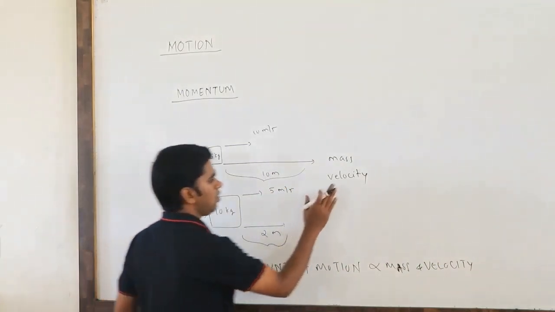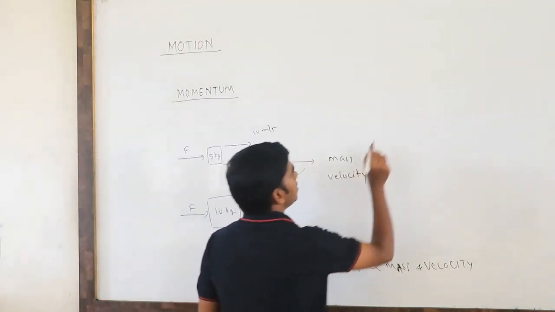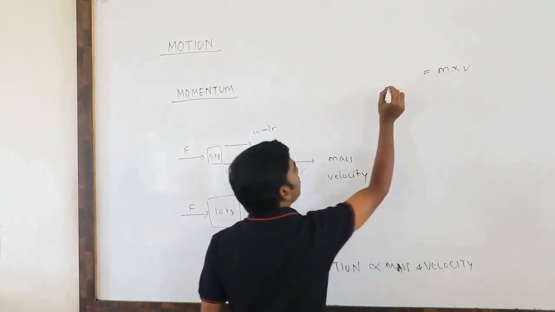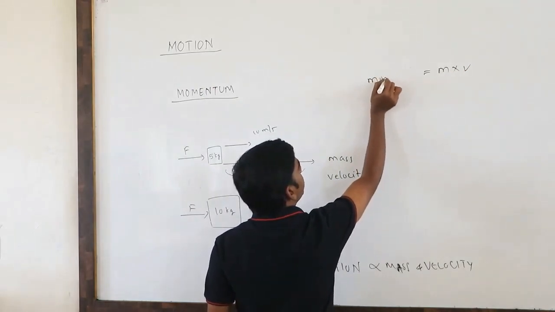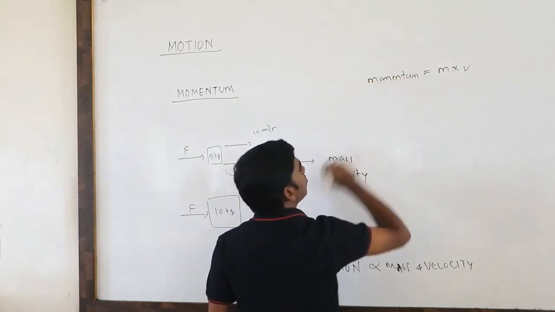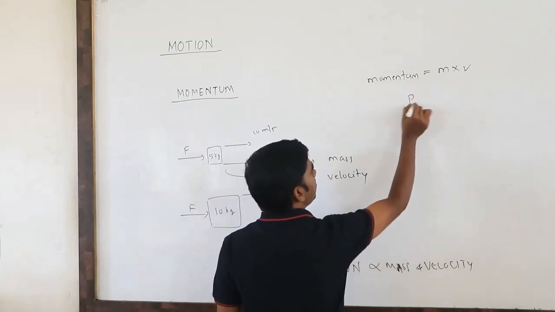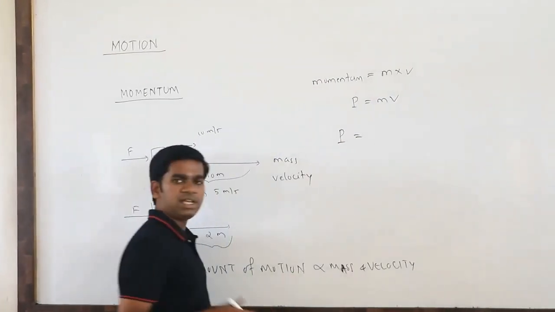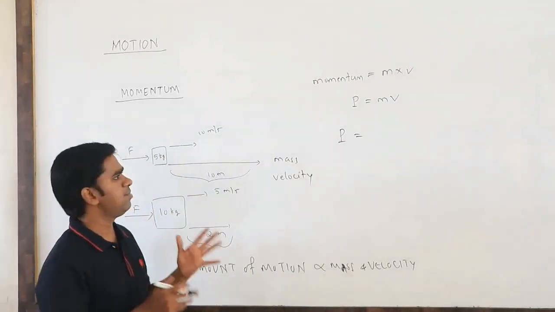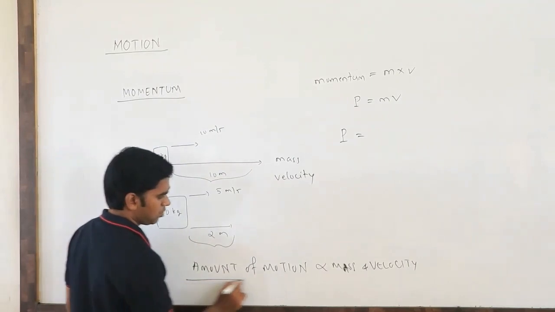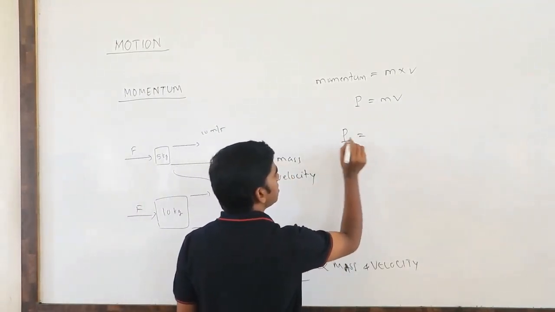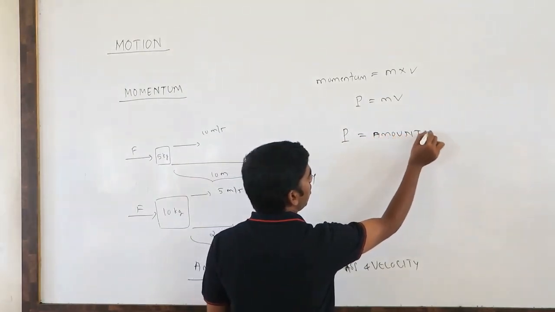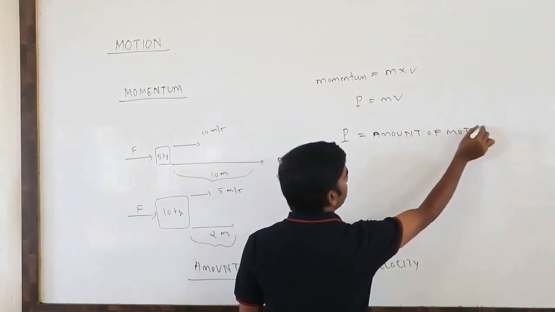So this product of mass and velocity, we call it momentum. Okay. So you can denote it by P equals M into V. But what exactly is the physical meaning of momentum? What do you mean by that M into V? That is what we can say amount of motion. So this momentum will give you the amount of motion.